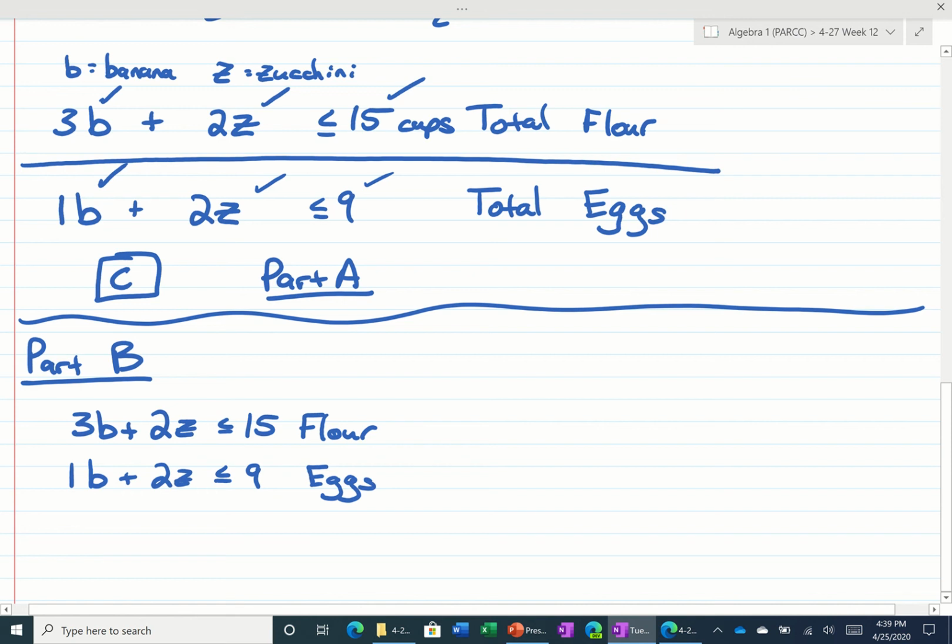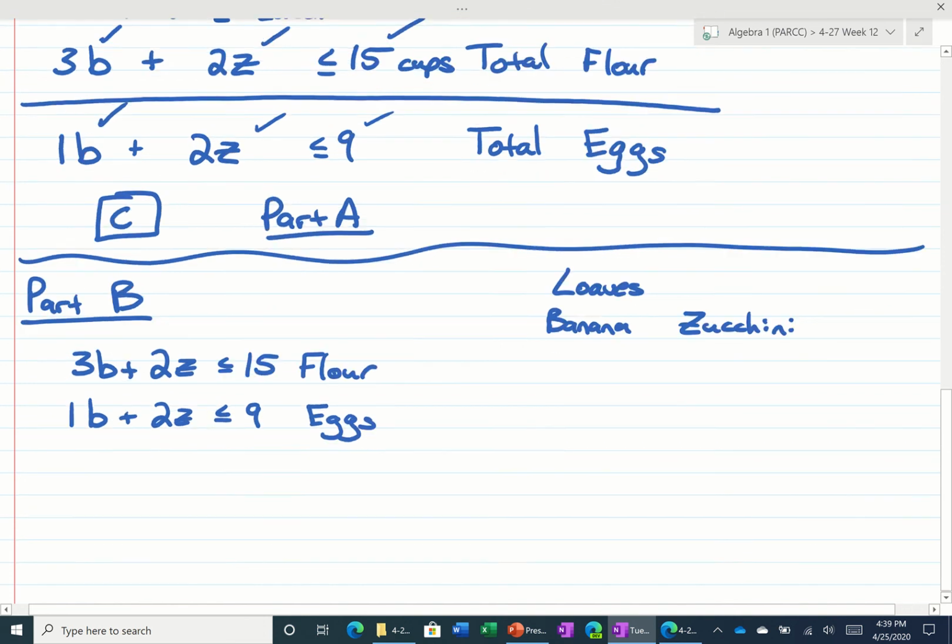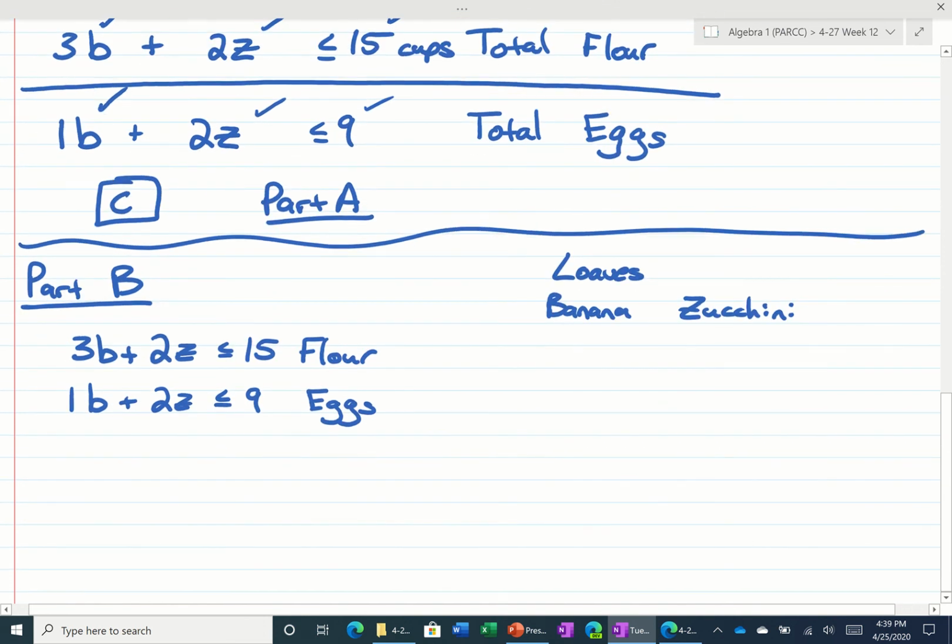So let's make a chart. I'm going to have loaves of banana bread and then of zucchini. All right. And what I'm going to do is, let's try 1 loaf of banana bread and 1 loaf of zucchini. So 1 and 1.